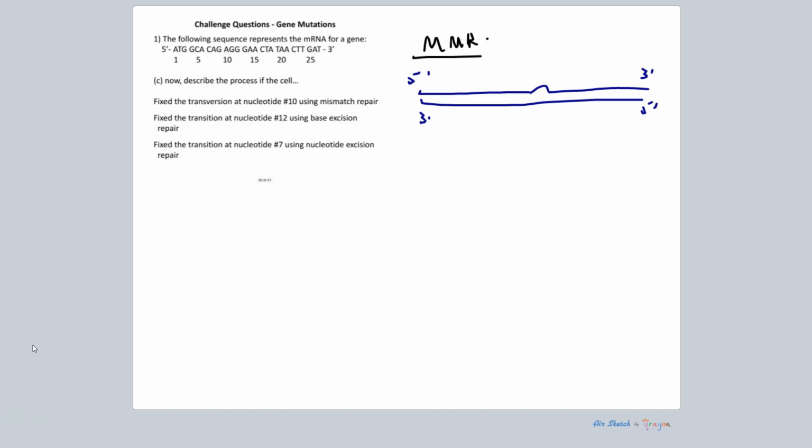Now, in order to tell the mismatch story, we have to remind ourselves of a few things that are unique to this pathway. First, at least in bacterial cells, old DNA, DNA that's already been checked and repaired, is methylated quite frequently. Methyl groups or CH3 groups are added to the DNA itself.